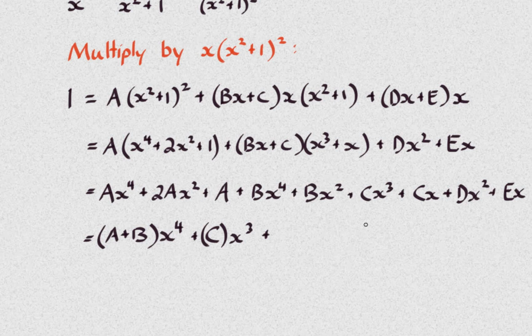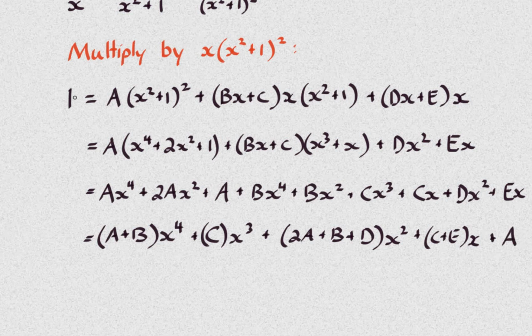So we have a 2a here, but we also have a b here and a d. So 2a plus b plus d. In terms of values attached to an x, we just have c and e. Okay, so c and e are attached to an x. And finally, the constant term, there's only one, a.